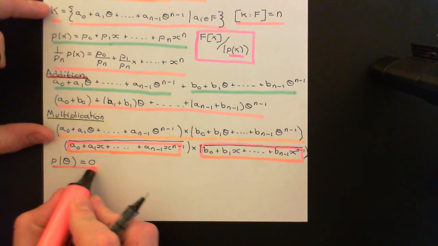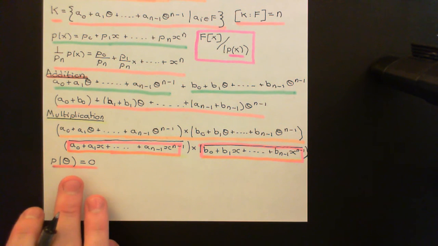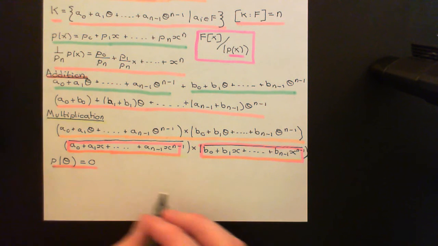Now, why is this helpful then? Well, this tells us that theta obeys a certain polynomial, this monic polynomial.